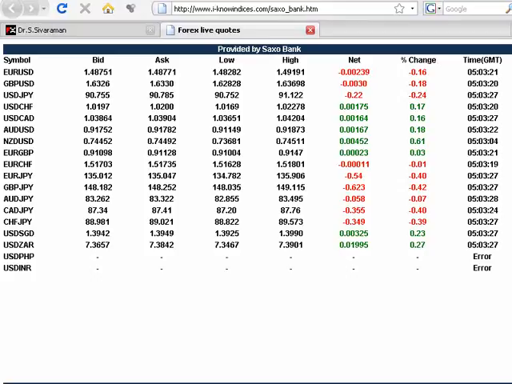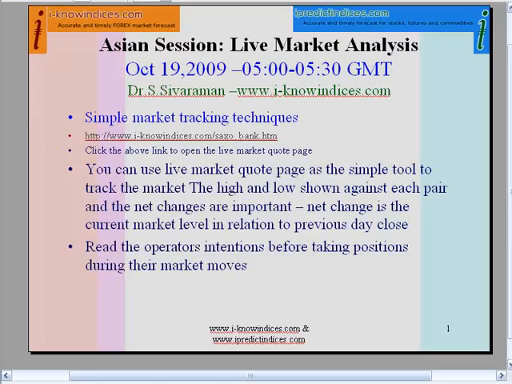It is better to track the forex market using the GMT time frame, irrespective of the country you belong to, for the simple reason that the market is of a 24-hour time frame, and you will be in a position to understand how the market is being split into three different sessions, namely the Japanese session, European session, and US session.